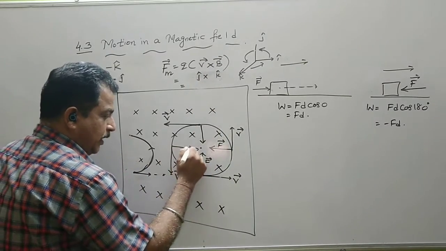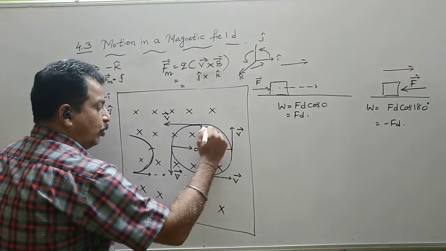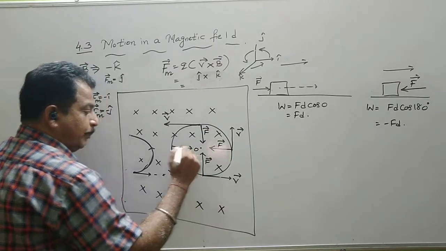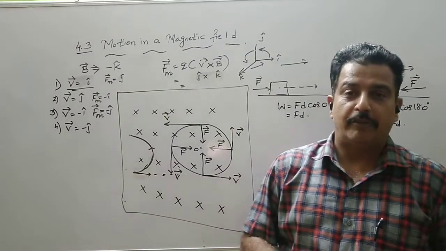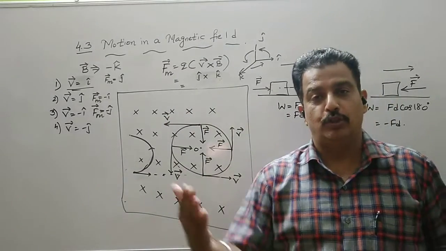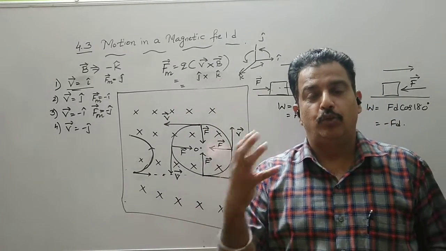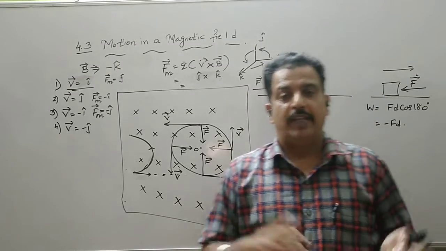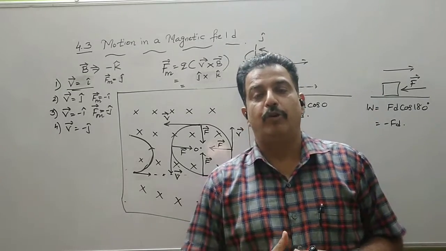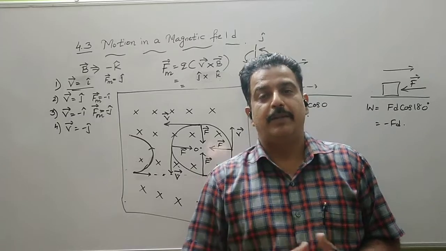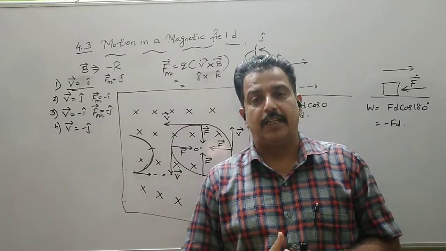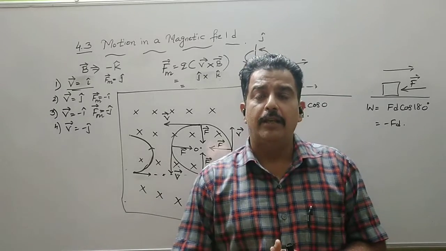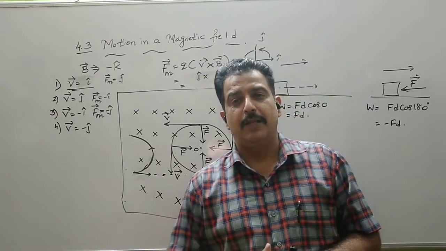Now it should be clear that the force is perpendicular to the V, and therefore we also know that whenever a particle performs a uniform circular motion, its speed remains constant, velocity changes at each and every instant, that is, the momentum will change but the speed remains constant.